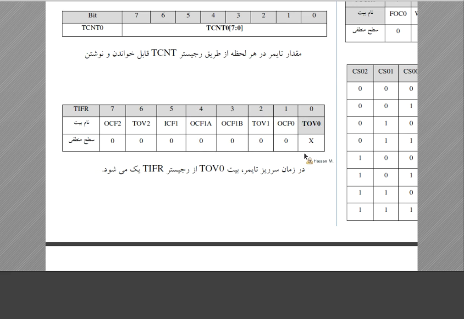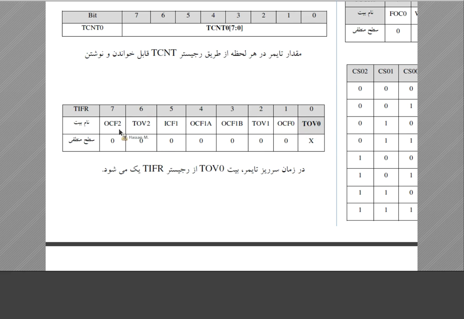These 2 pins for timer 0: timer overflow, timer overflow for timer 0. And this pin, output compare flag for timer 0.